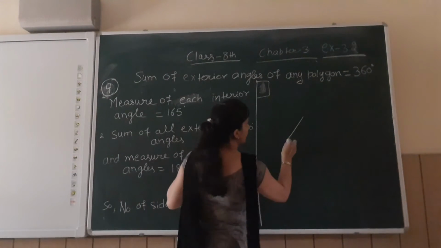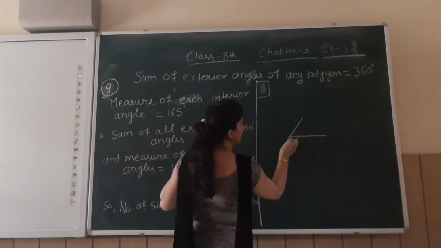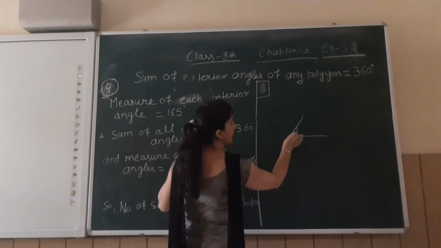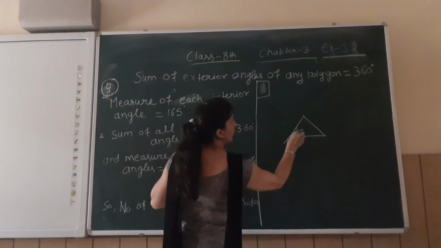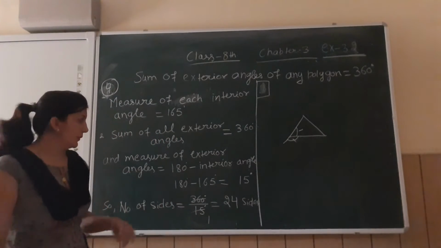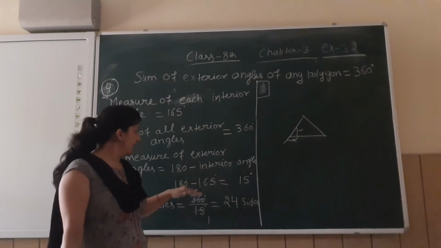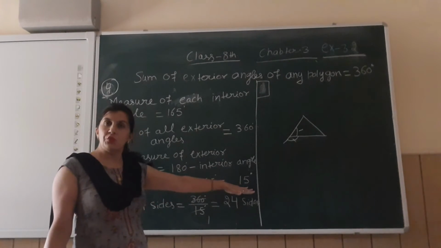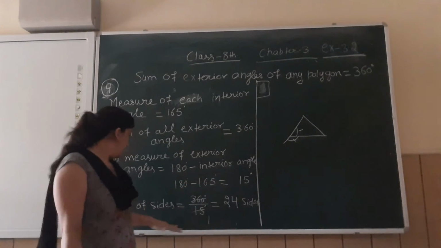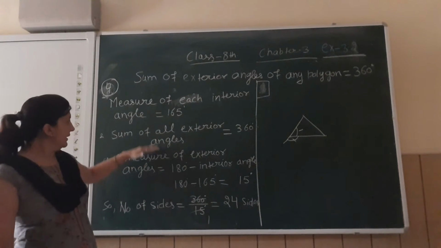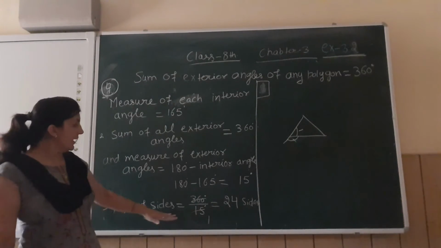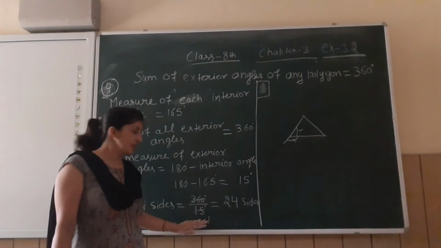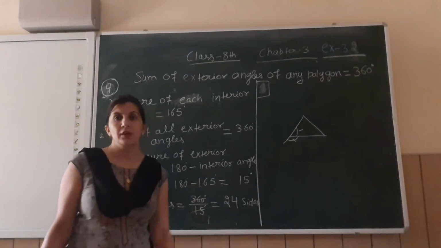Likewise, if this is the figure and this is the exterior angle, then this will be the interior angle, and both sum to 180 degrees, a linear pair. So 180 minus 165, each exterior angle is 15 degrees. We have the measure of the exterior angle, and the number of sides is the sum divided by the exterior angle measure. So we get 24 sides.